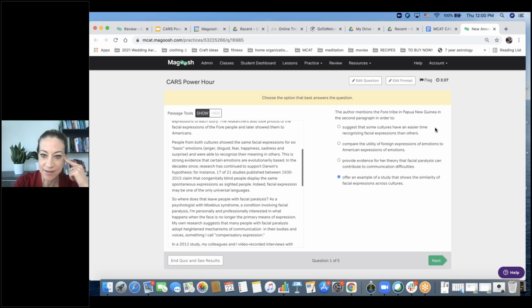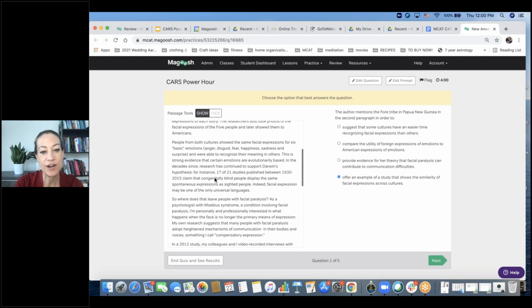A is not really a close match at all, because we're not looking at cultures cross-culturally and comparing which have easier or harder times. And then C, providing evidence for the theory that it can contribute to communication difficulties, that's not really going on.